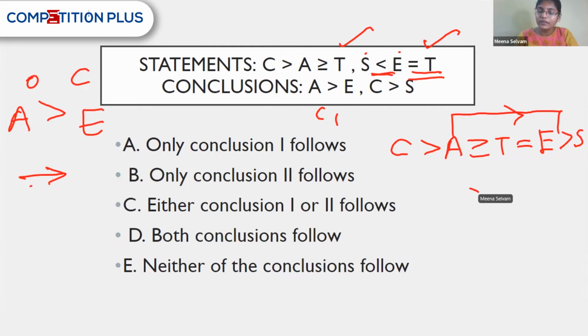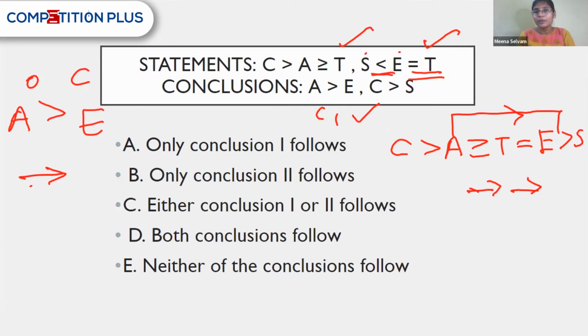So the first symbol itself is greater than or equal to. Yes, the flow is possible. Next, you have the equal to symbol. In the equal to symbol, both the sides are open gates and hence the flow is possible. So I can say that conclusion 1 is true. Yes or no?